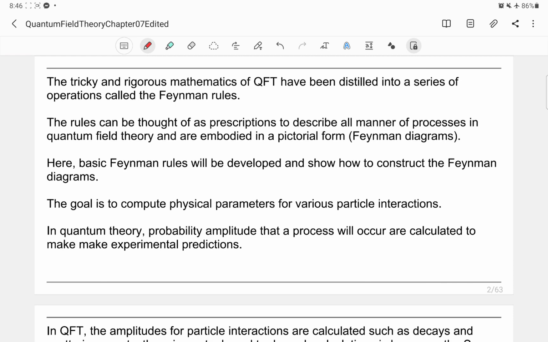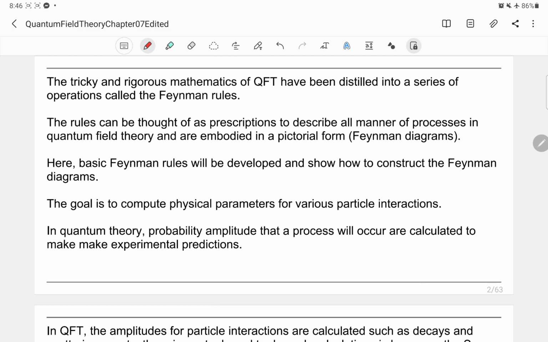These rules will be discussed here as an introduction, but later on, as we discuss different theories like electroweak and quantum chromodynamics, we'll be experiencing those rules as they are applied in the theory.